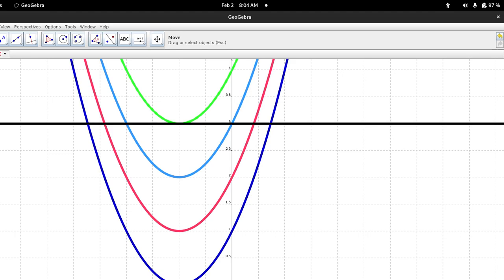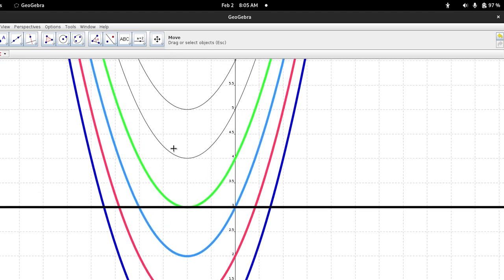Interesting. Suppose I have x squared plus 2x plus 5, and then x squared plus 2x plus 6. I'm going up and down like that.